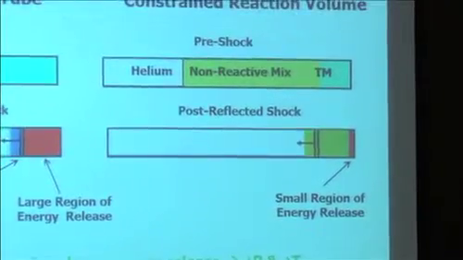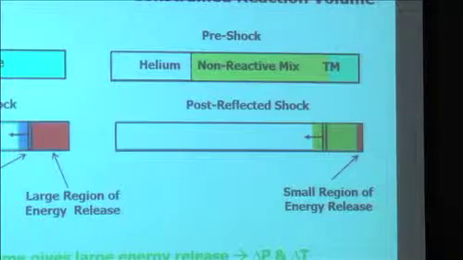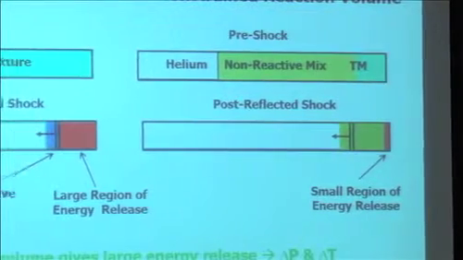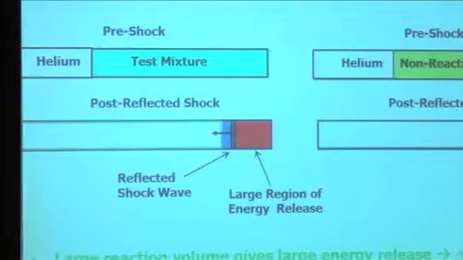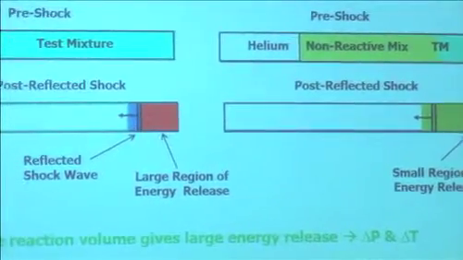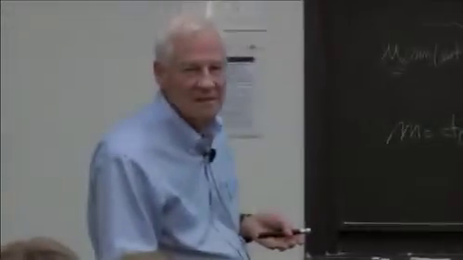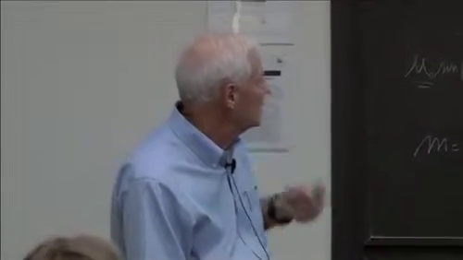All of the reactive stuff is right down here near the end. The number of molecules that can release energy has now been limited by constraining this volume to be small. Now there's difficulties of how you do this, but the point is you can immediately see the pressure change is going to be much less. There's fewer molecules reacting. So that's the idea.